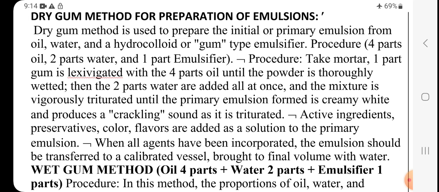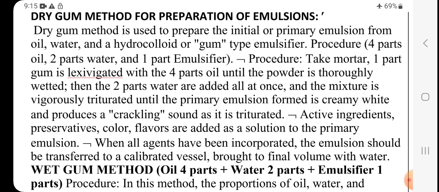And here, see what happens, most important, we will get the primary emulsion. It is a mixture of 4 parts of oil, 2 parts of water, and 1 part of the emulsifier, thoroughly wetted. The 2 parts of water, or 2 ml, for example, is added at once, at one time, and the mixture is vigorously triturated, that is mixed with each other until the primary emulsion is formed.